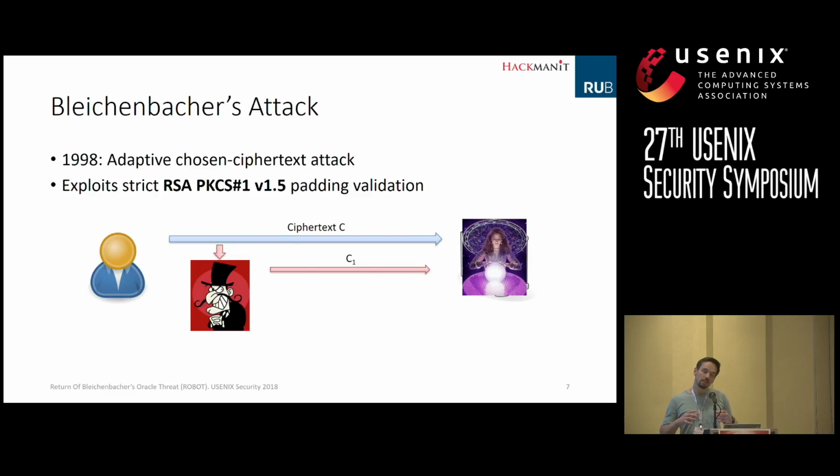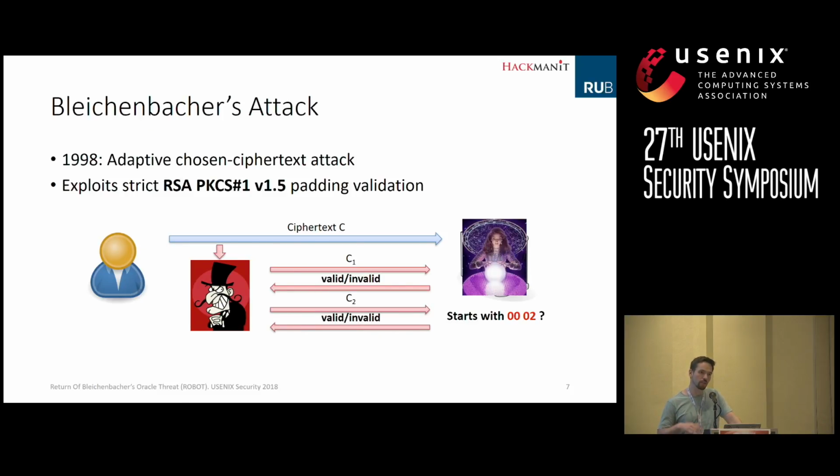The attacker misuses the server as an oracle, because the server decrypts the message and validates whether it starts with 0002 or not. Depending on the validity of the decrypted message, the server responds somehow with valid or invalid. Afterwards, the attacker learns some partial information about the message, and he proceeds with further messages with the next ciphertext.